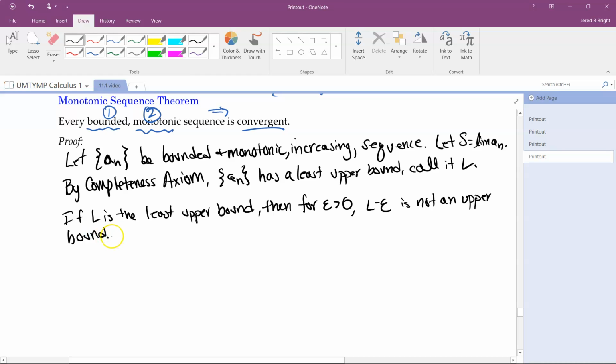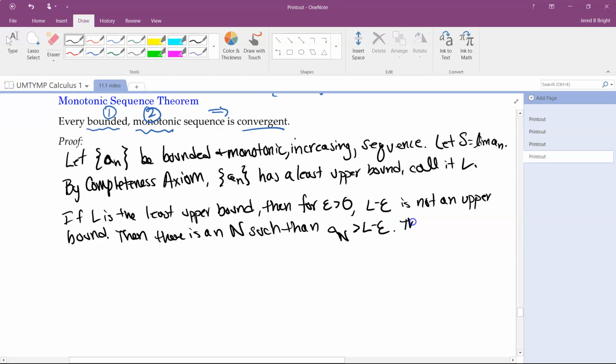So then there is a capital N such that the Nth term of the sequence is bigger than L minus epsilon. It's not an upper bound, therefore we can find a sequence value that is bigger than it.